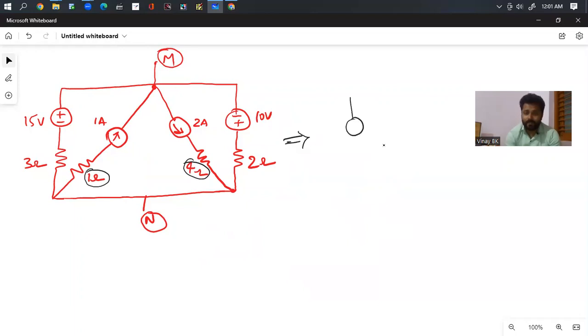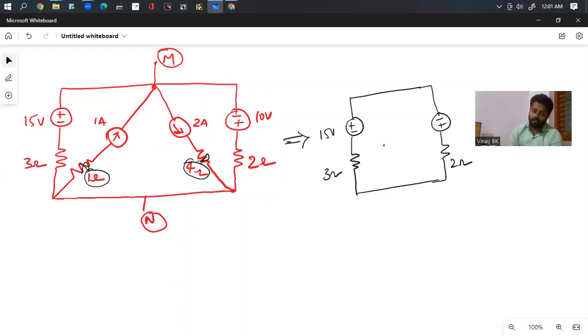There is a 15 volt voltage source in series with a 3 ohm resistor, and again the circuit will be like this: minus plus, 2 ohm resistor. These two resistors are to be neglected because they are redundant resistances connected in series with a current source.